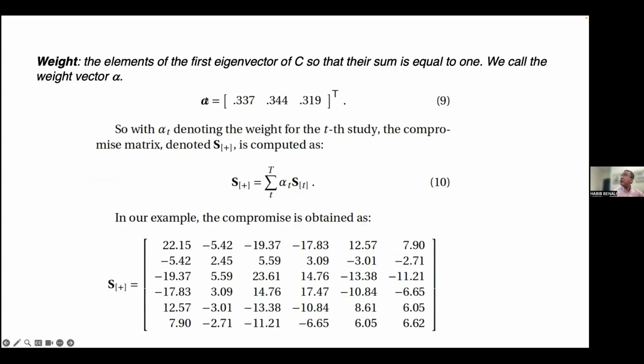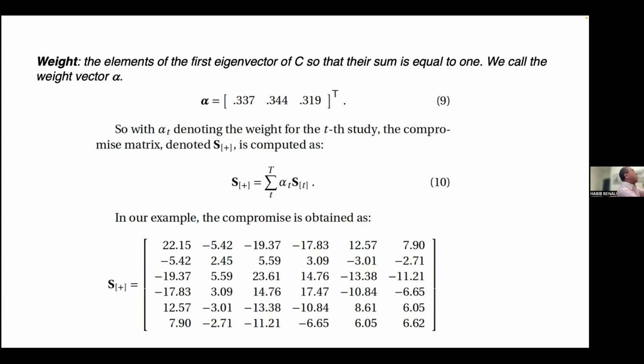This is an eigenvector which corresponds to the compromise between the different data, the different covariance matrices, how similar the covariance matrices are. It's like calculating a mean or a weighted mean. When you calculate a weighted mean, you have weights P1, P2, P3, and you calculate P1 by X1, P2 by X2, and you sum all those things. So you're calculating an average with weights.